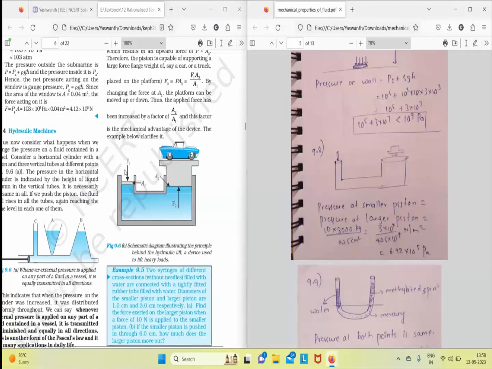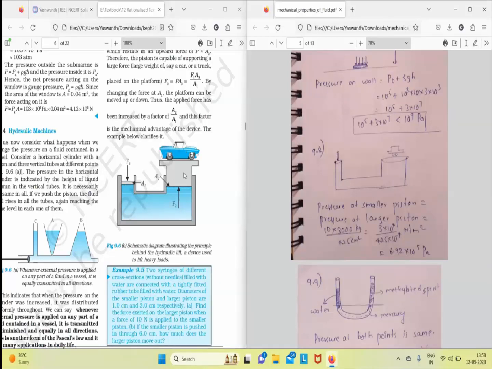So you apply pressure here, and in turn this object gets lifted. So what he's saying is this piston can withstand a maximum mass of 3,000 kg, and this area is 425 centimeters square. Then what will be the maximum pressure present at the smaller piston?